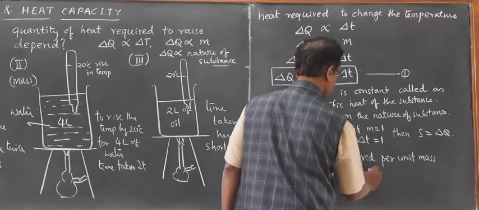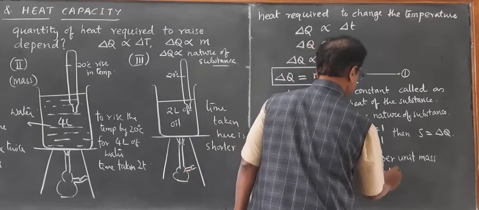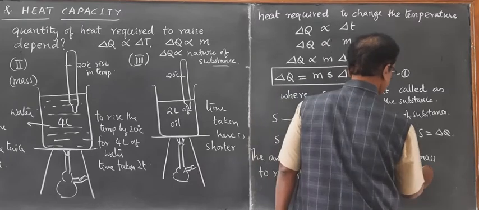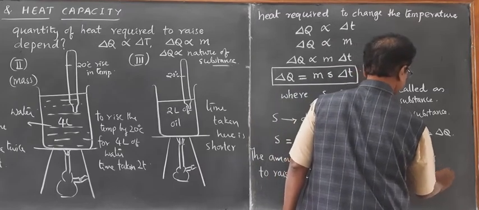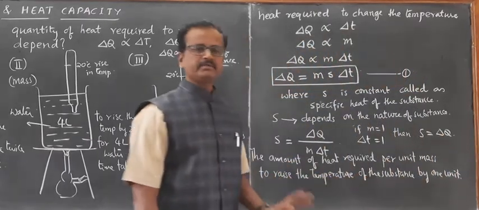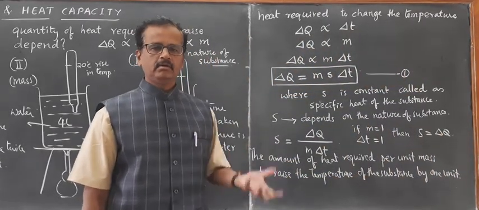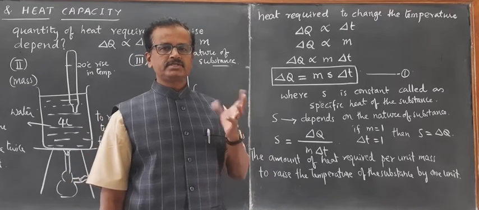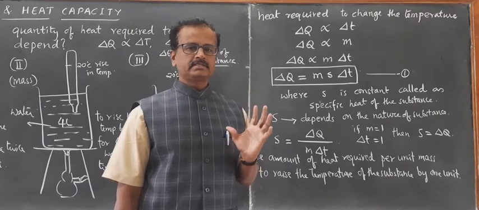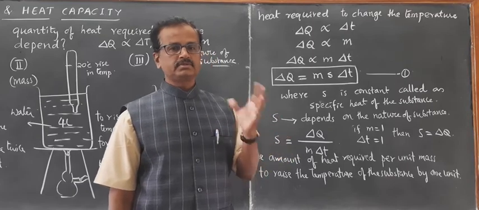To raise the temperature of the substance by 1 unit. 1 unit of temperature means 1 degree Celsius or 1 Kelvin. Change in temperature of 1 degree Celsius is also equal to change in temperature of 1 Kelvin.